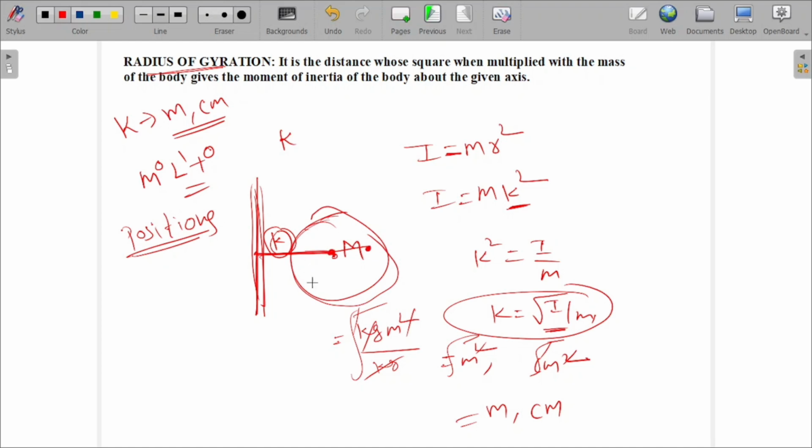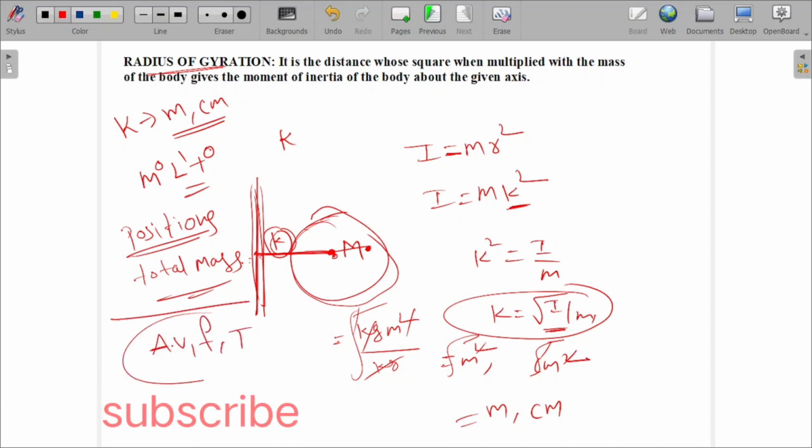That means where the total mass is concentrated. And this will increase like temperature: when the temperature increases, the radius of gyration also increases. It does not depend on angular velocity, frequency and time period. Okay, clear?